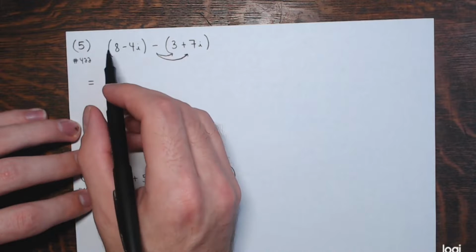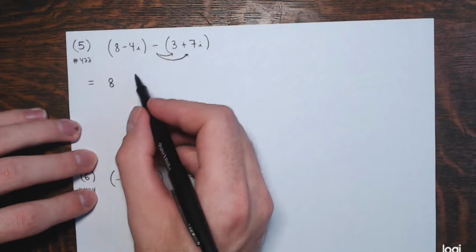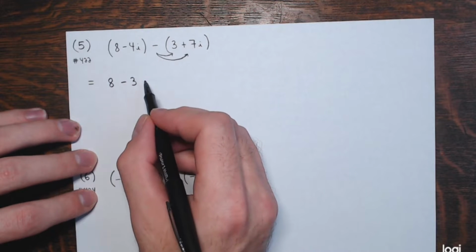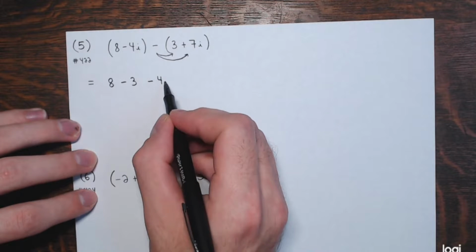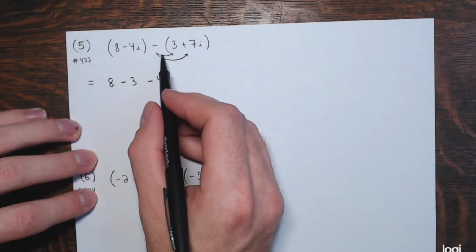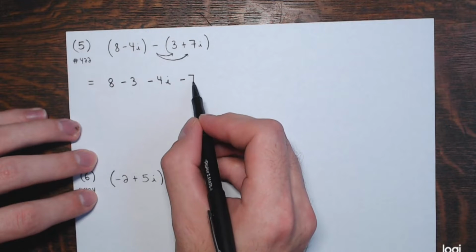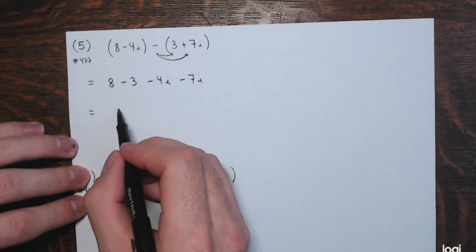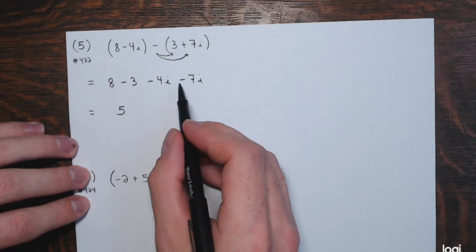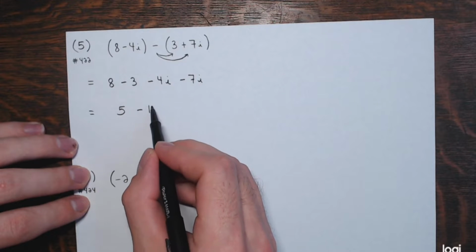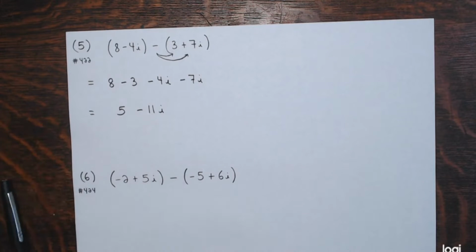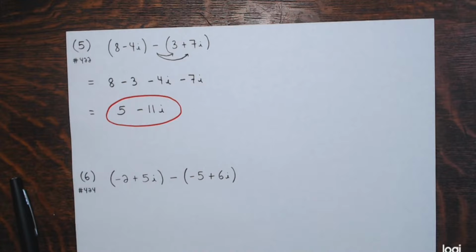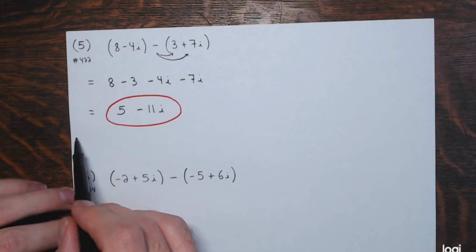So we have 8 minus 3, and then here we have negative 4i minus positive 7i, so minus 7i. Don't forget to distribute the negative. Combining the reals, 8 minus 3 is 5. Combine the imaginaries, negative 4i minus 7i is negative 11i. So you end up with 5 minus 11i, and those don't go together. Again, I leave it to you to check with the calculator. Very, very simple, in my opinion.